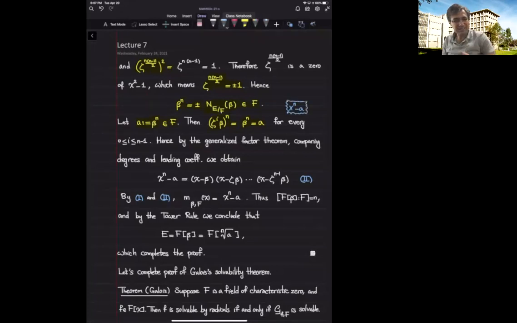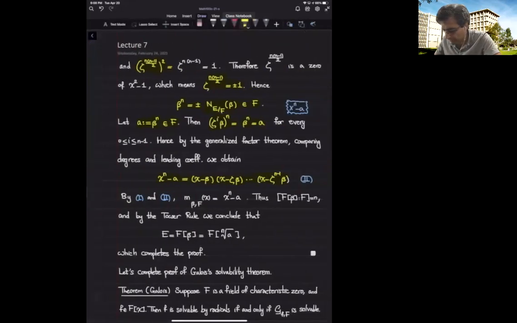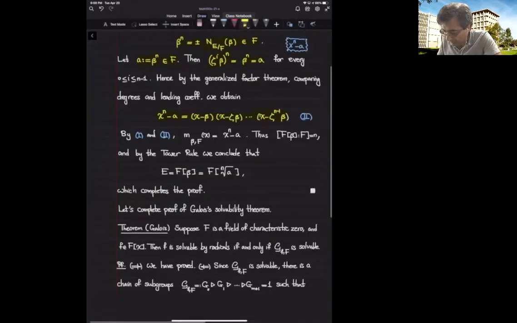So again, I can use the generalized factor theorem, compare the degrees, compare the leading coefficients, and deduce that x to the n minus a is (x minus beta) times (x minus zeta beta), and so on. But this is exactly the polynomial that we had over here, which was the minimal polynomial of beta over F. So altogether, we deduce that the minimal polynomial of beta over F is x to the n minus a for some a inside the base field.